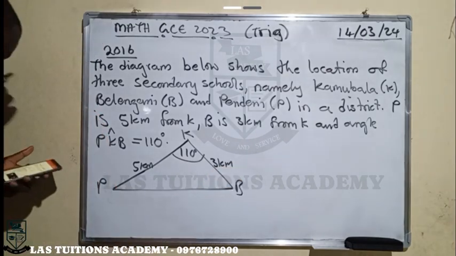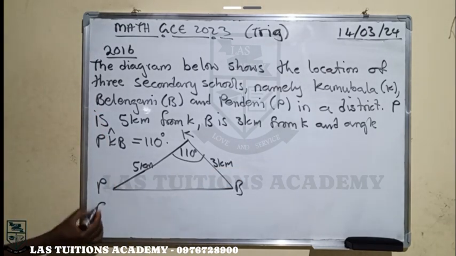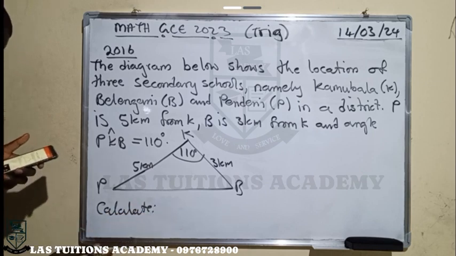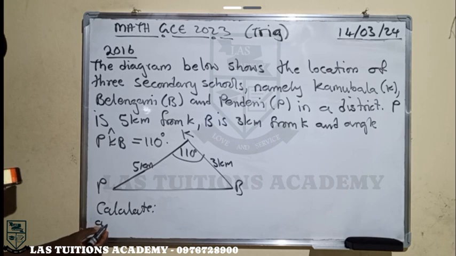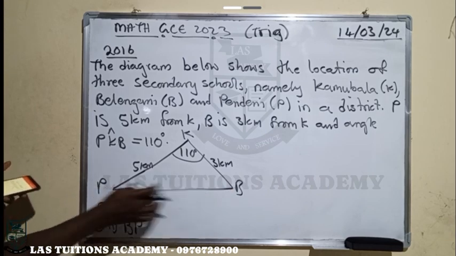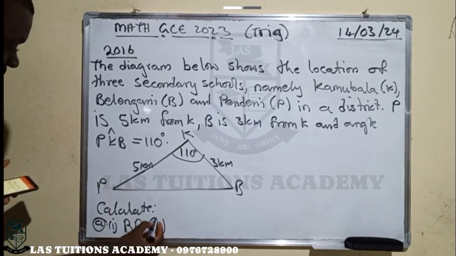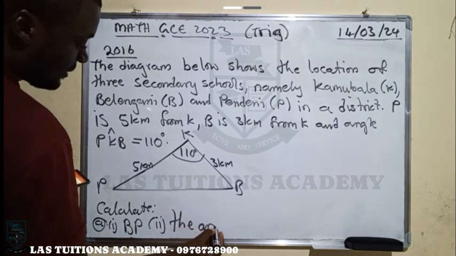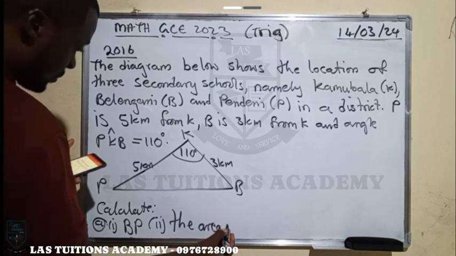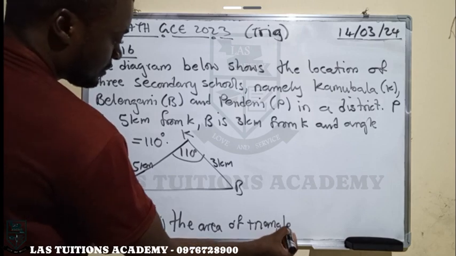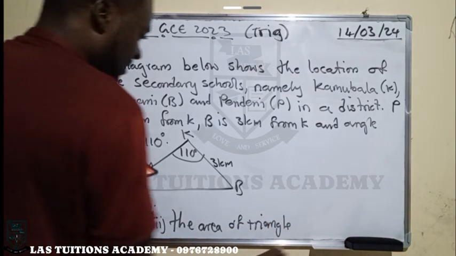Now the question says calculate: part 1 is saying calculate BP, this distance here. Then part 2 says the area of triangle BKP.